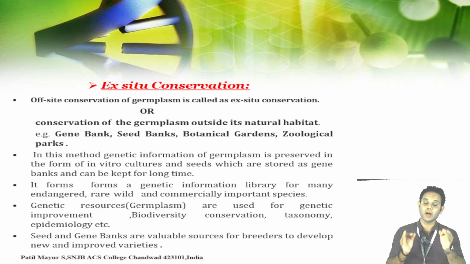For that, biodiversity conservation is a must, because we have to maintain the environmental balance. Taxonomy and epidemiology are again things for which germplasms are required. These seed banks and gene banks, which are a type of ex situ conservation method, are a very valuable source for breeders to develop new and improved varieties.